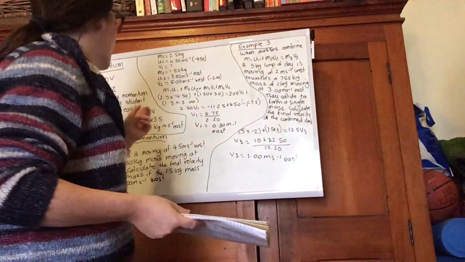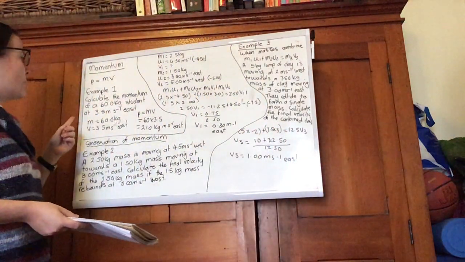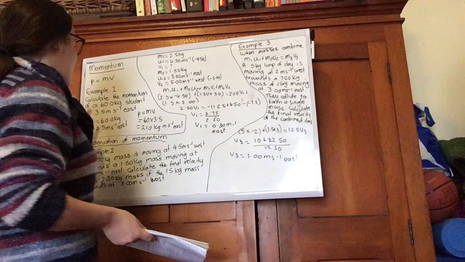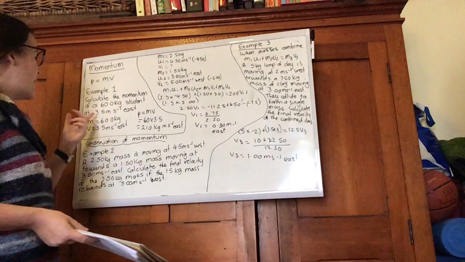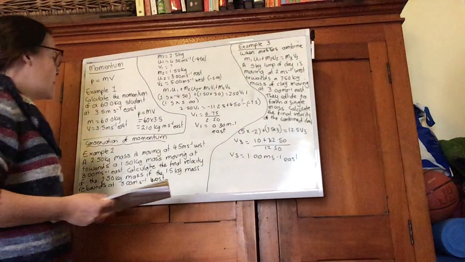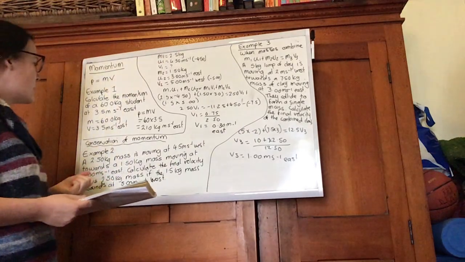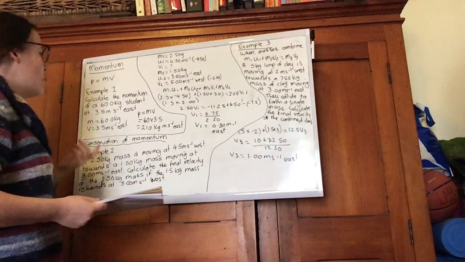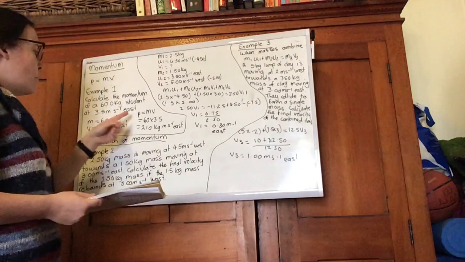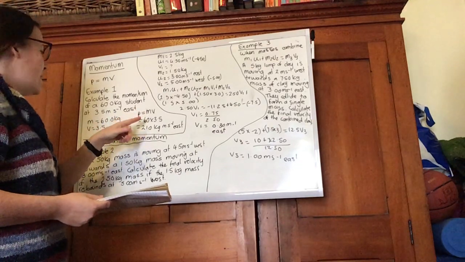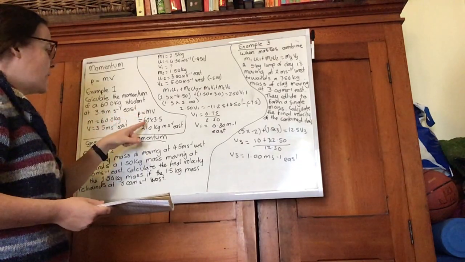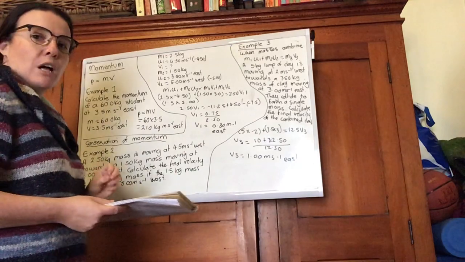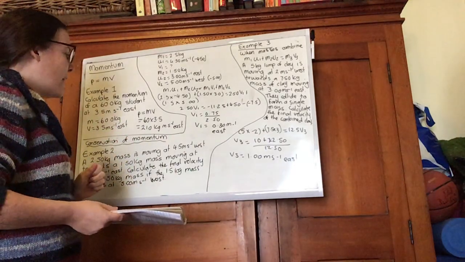So example number 1, if we've got a 60 kilogram student and they're moving at 3.5 meters per second to the east, what will be their momentum? We know that p equals mv. We've got a mass of 60 kilos. We multiply that mass by 3.5.